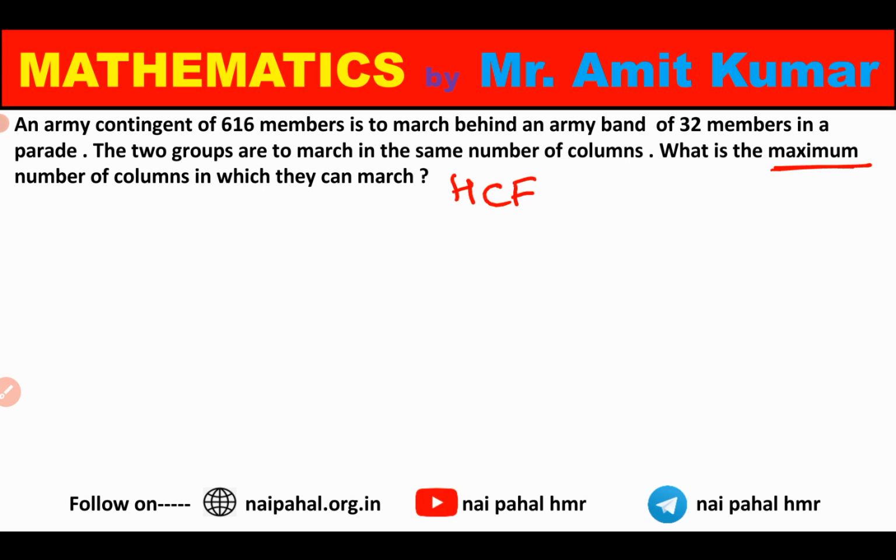What will be the two numbers? The first one is 616 and the second one is 32. Which method will we use? We are using Euclid division algorithm, or lemma. You can write either.